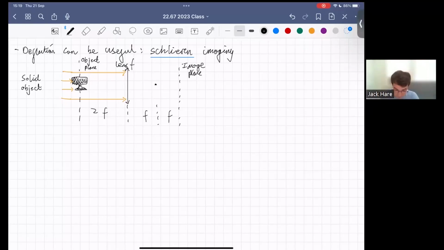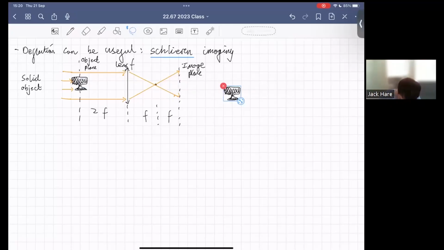So hopefully some of you have seen this sort of thing before. You know that the rays will pass through the focal point here, he says, drawing them carefully. And what we'll end up with, you can't do this on a chalkboard, is a copy of our object here, but it's going to be inverted.